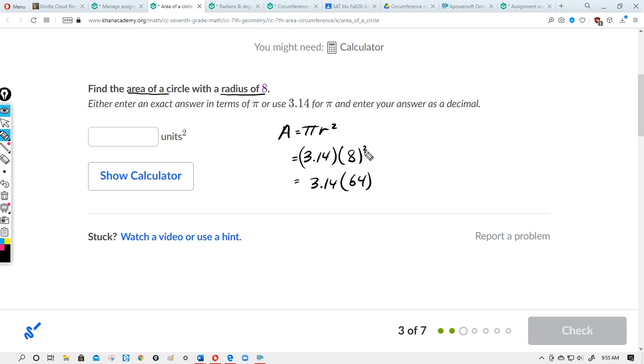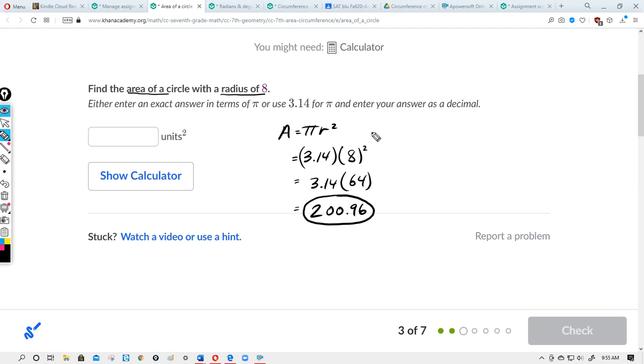Or you can just enter this whole thing in the calculator. Just make sure you only square the 8 and not the 3.14. And that's 200.96. And just enter that in the box.